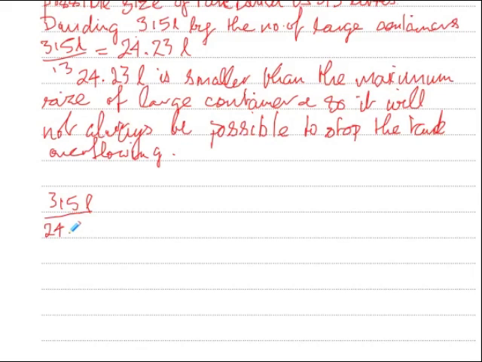That's a bit awkward, but you could have said in your answer that rounding approximately to 24.5 litres, that gives 12.86 large containers. So that shows that in certain circumstances you can't actually get 13 of the large containers into the tank.